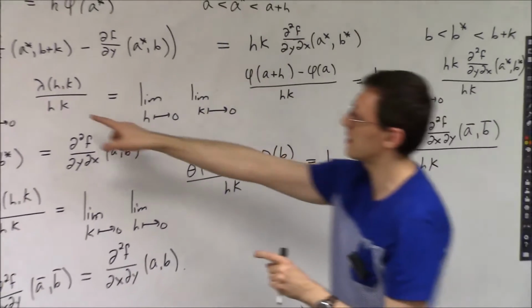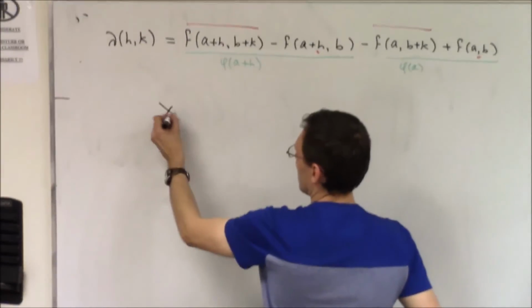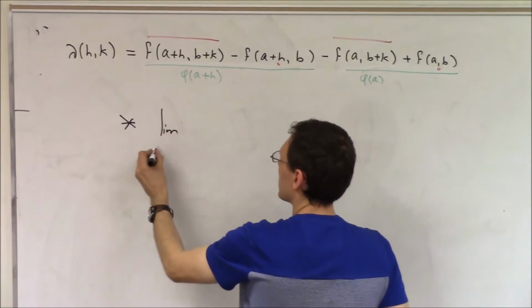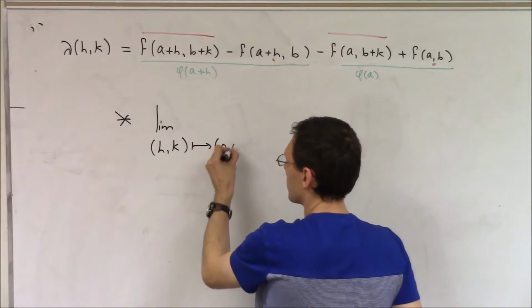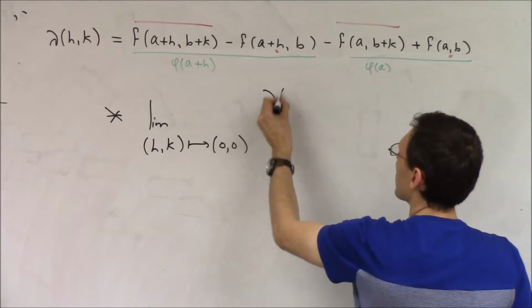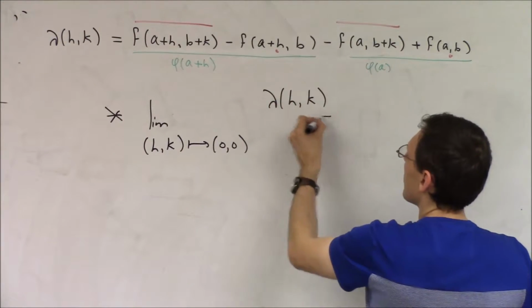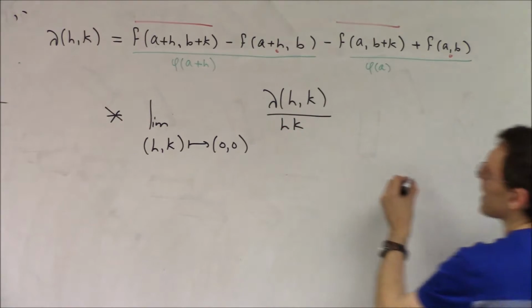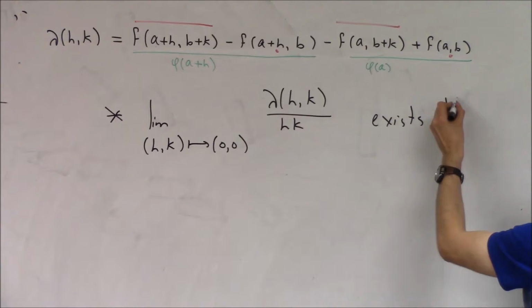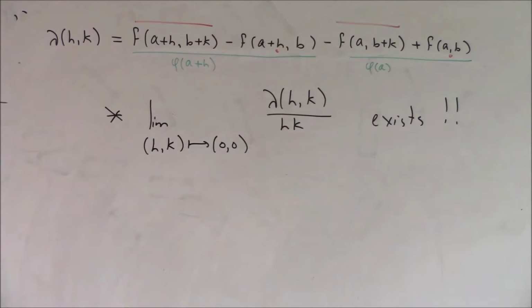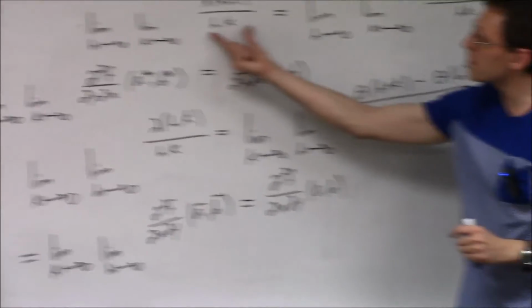So that tells you that limit, so that's the important part here. Limit as h and k goes to 0, 0, no matter in what order, of lambda of hk over hk exists. That's very important. It exists. That's something that I kind of should have emphasized a little bit better before.